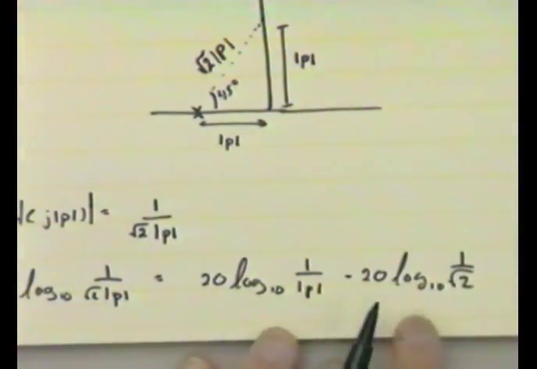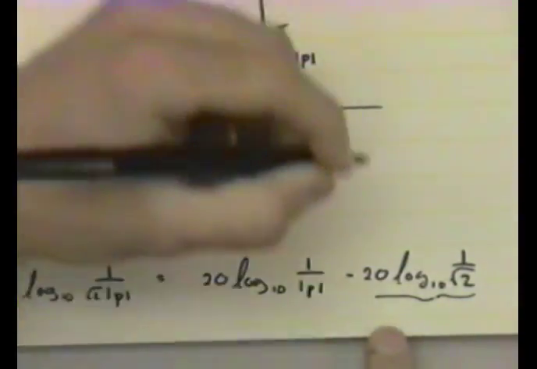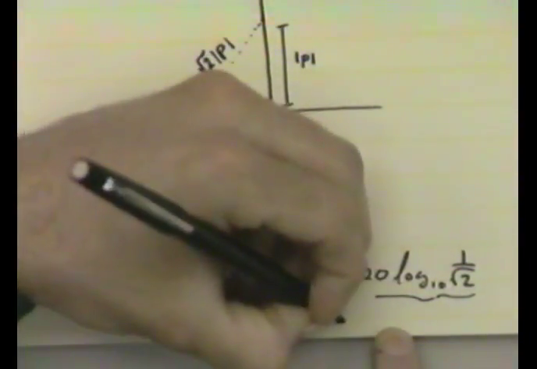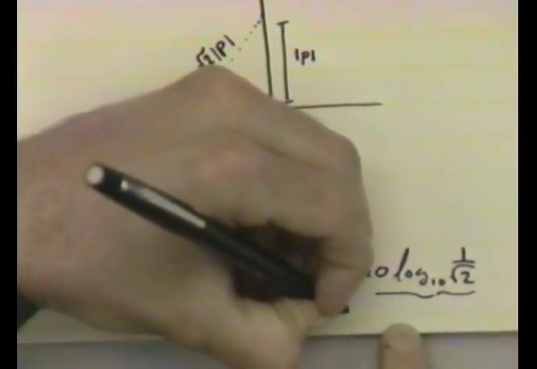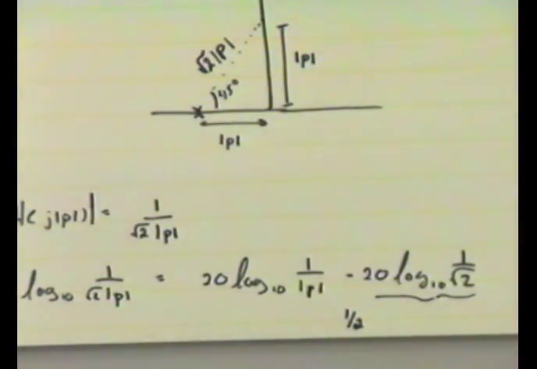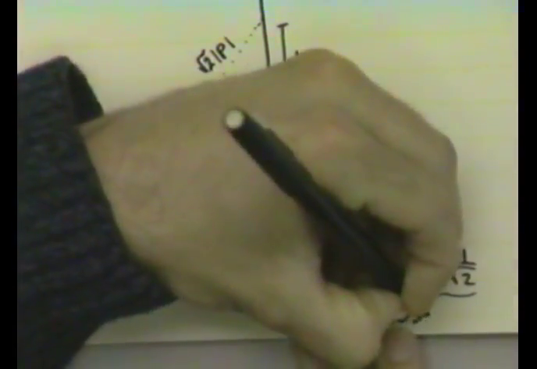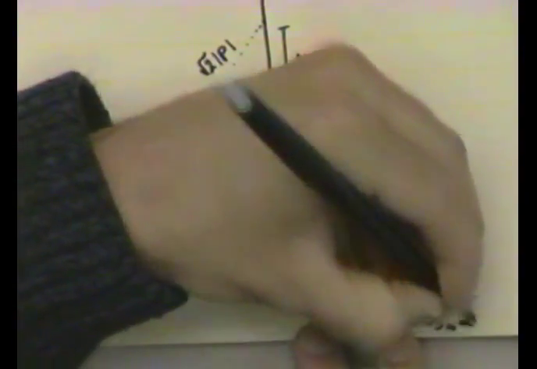This term here is equal to 1/2 of 20 log base 10 of 2.